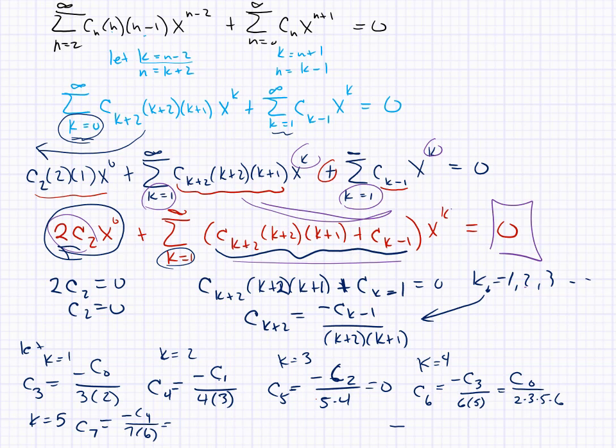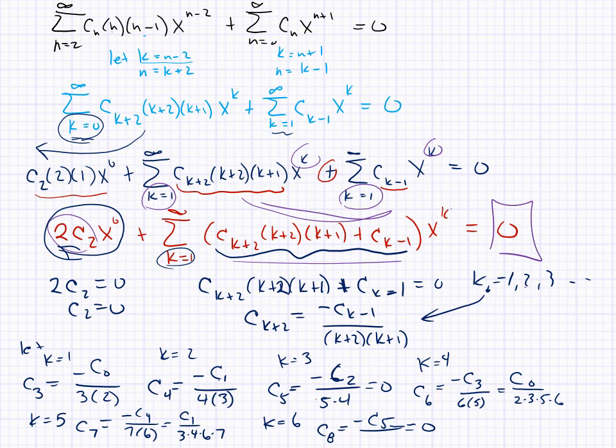But c sub 4 is negative c sub 1, so it would be positive c sub 1 over 3 times 4 times 6 times 7. And last one I'll do is k equals 6, which is going to be c sub 8 equal to negative c sub 5 over whatever. I don't have to even worry about that because c sub 5 is 0. This is going to be 0. So you see a kind of pattern developing. And then we got to keep going until we get a pattern.